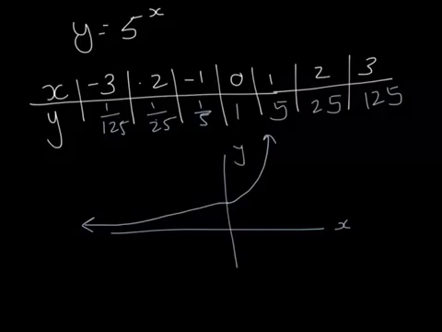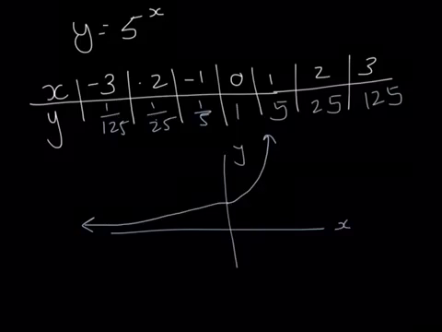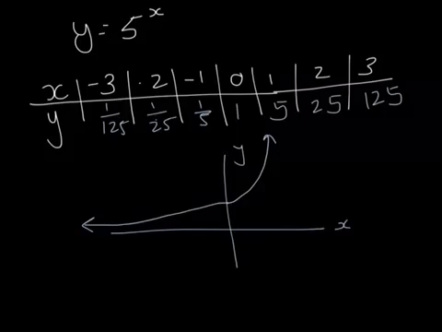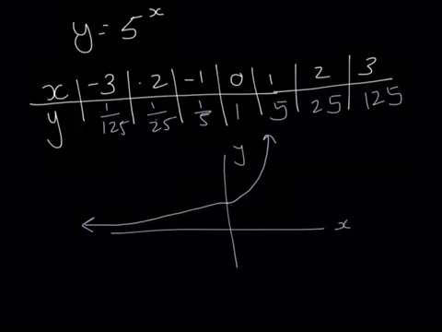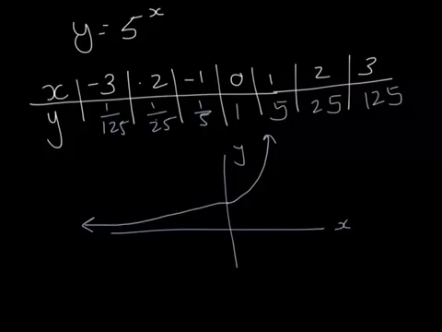What I'd like you to do now is go to the investigation in your book. There's an investigation titled Investigation 1, Exponential Graphs. If you work your way through that investigation, you will see specific patterns emerge. Look out for what happens when you add and subtract: what happens if you add to the exponent, or if you add just normally to the function at the end.